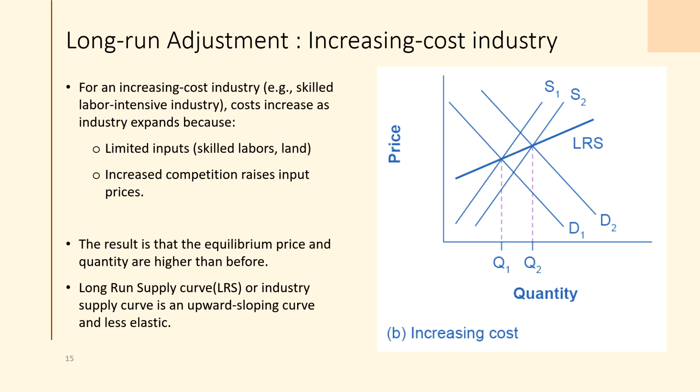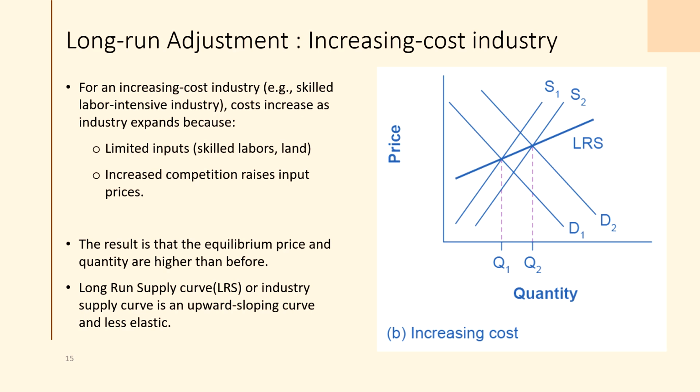Now let's think about the adjustment process. When demand increases, price rises in the short run, and firms earn profits. This attracts new firms into the market. However, as firms enter, input prices increase, which raises production costs for all firms. Because costs are rising, the supply curve does not shift as far to the right as in the constant cost case.